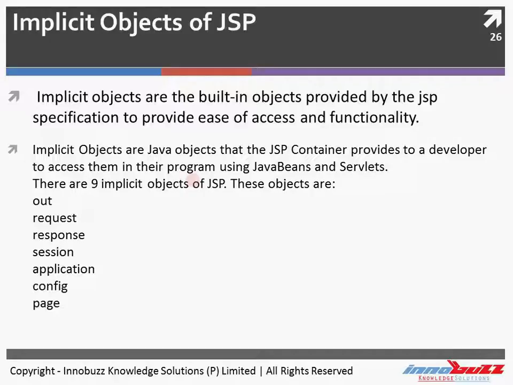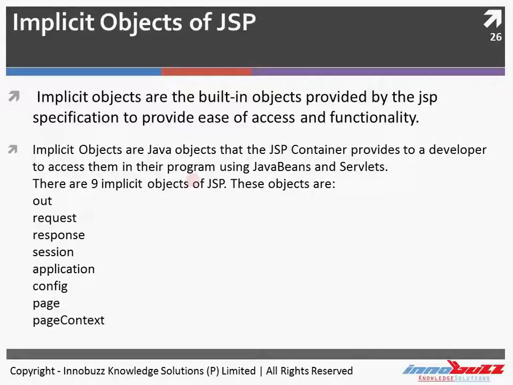This is an instance of the page implementation servlet class that is processing the current request. It is of type java.lang.Object and has page scope. Page scope means that the attribute set for page scope will exist only for that current page.